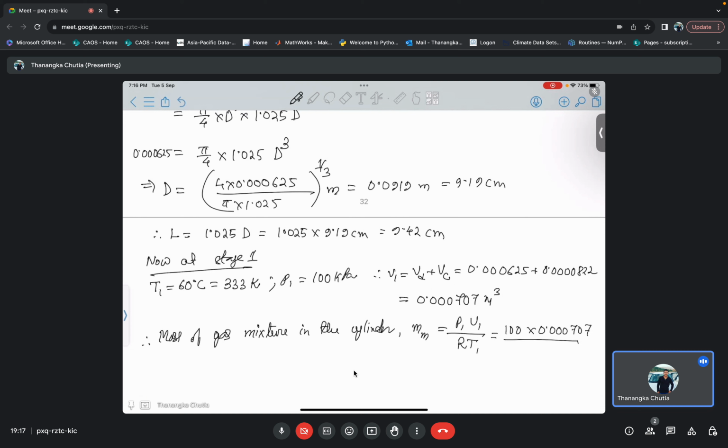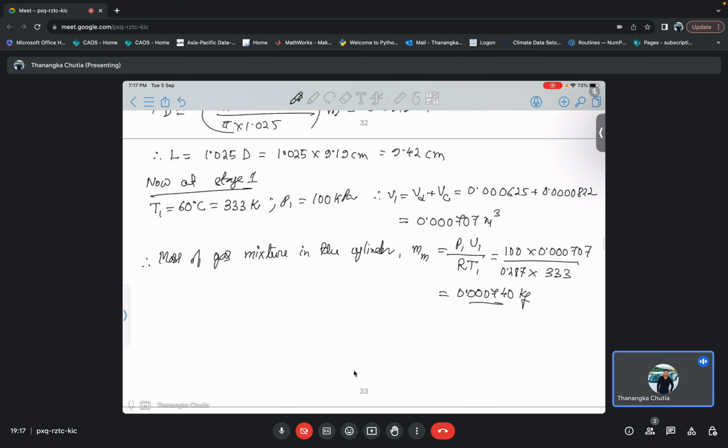What is R? 0.287. And what is T1? T1 is 333. This one you will get as 0.000740 kg. So this is the total mass, whether it can be air, it can be fuel, it can be residual mixture, whatever it is.